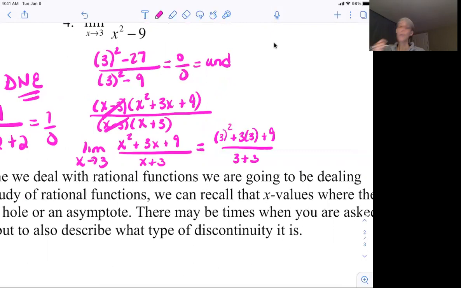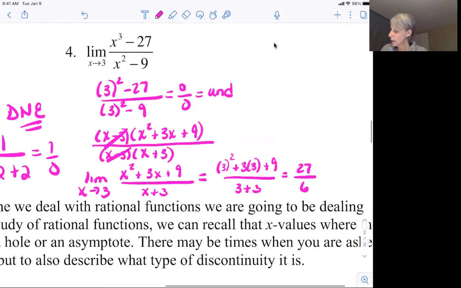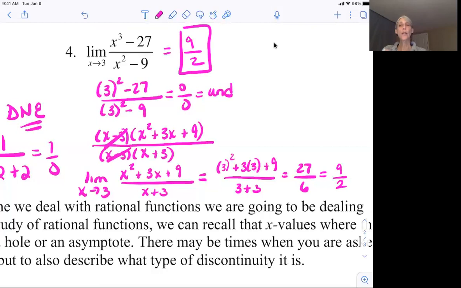So I have 9 plus 9 plus 9, 27 over 6. And that's going to be, 3 goes into 27, 9 times, 9 halves. So just remember, when you're evaluating a limit, if you don't get an answer the first time, you get to factor and try again.